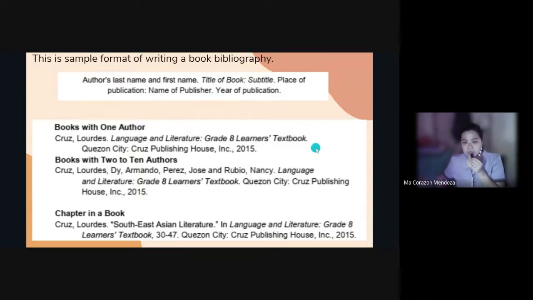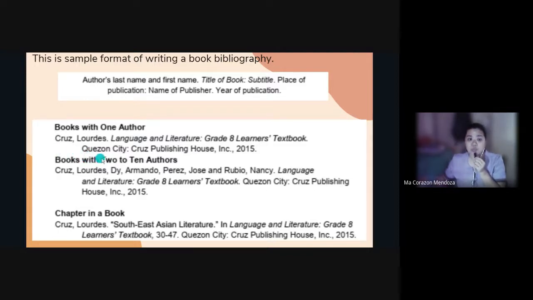And then period. Next is followed by place of publication, which is Quezon City. Now, class, this is important. Instead of writing Quezon City here below Cruz, no. You have to indent a little bit. So you have to move to the right and write an indentation like a space.